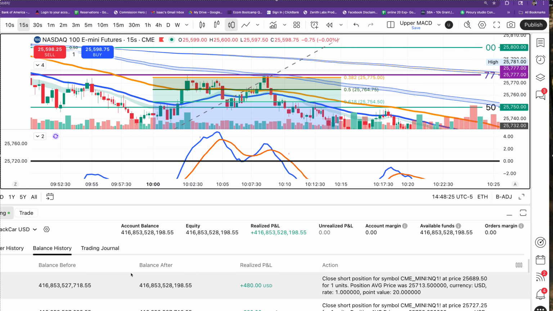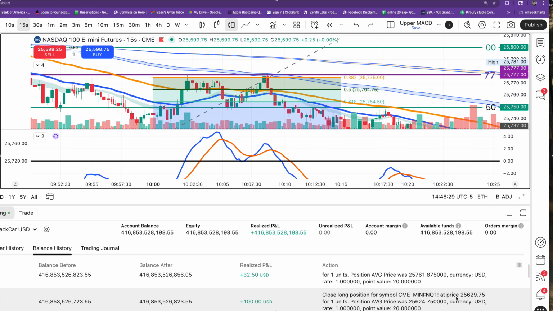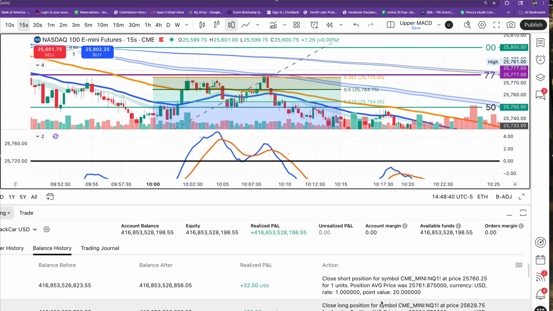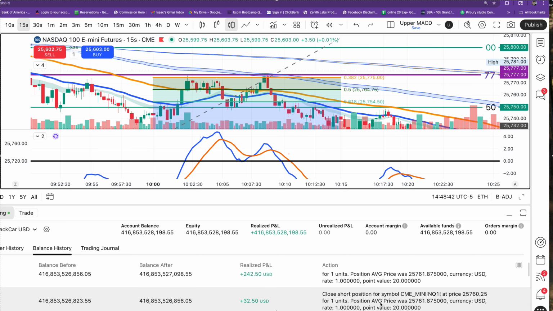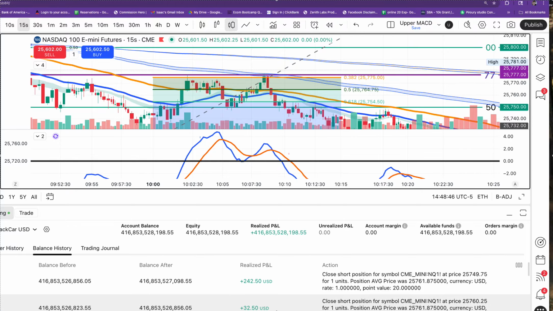So as far as the entry, that particular entry was done at 25,629.75, I believe. No, that's wrong. It was this one. Today's date is the 8th. Yeah, that trade was on the 3rd. Okay, so it was on the 8th. So it was this trade right here.